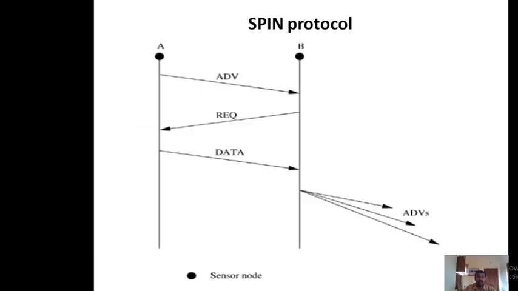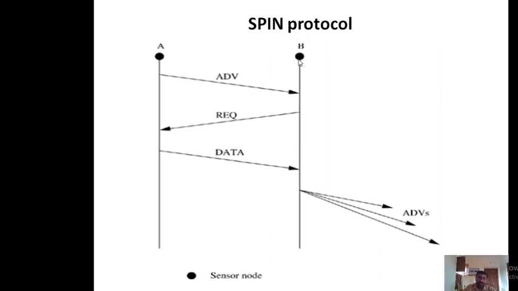Now we are discussing the SPIN prototype. For example, in the total network, take two nodes, node A and node B. If node A wants to send the ADV message to B, that means it is ready to transfer the data: does anybody want my data? So it sends that in the form of ADV. B receives that ADV, and if it decides it is interested, it sends the REQ message to A. After receiving this request, A sends the actual data.